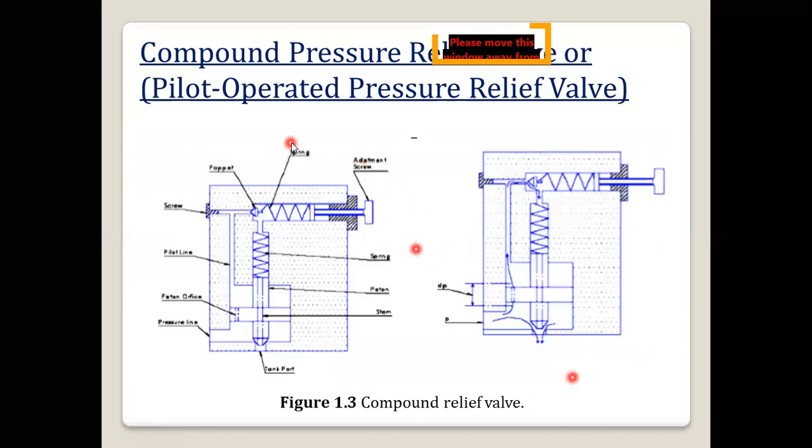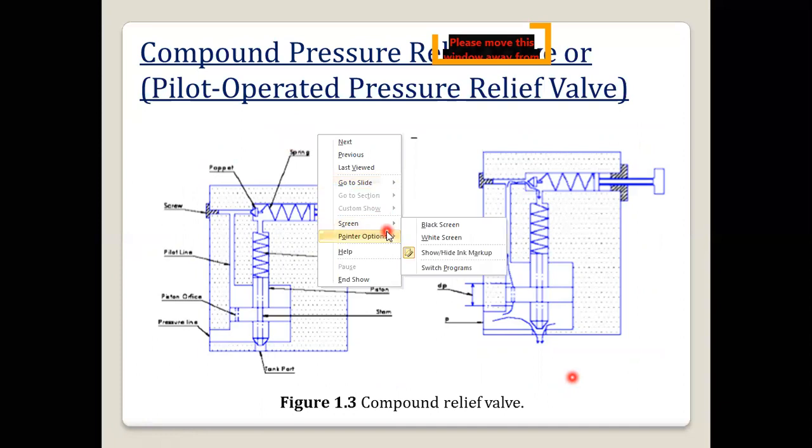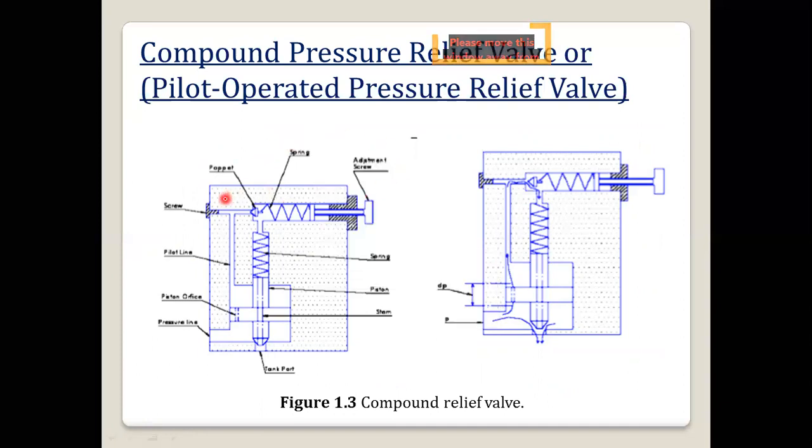So this is the diagram of the pressure relief valve. You can see that the adjusting screw is there to preset the pressure level. Then the spring is there for the control, so we can apply force using the adjusting screw. Then the poppet is there, and it is seated. Then we can see the pilot line, the piston orifice, and this is the main pressure line.